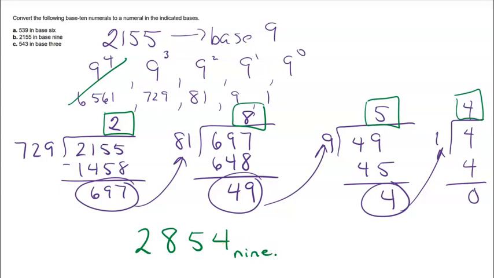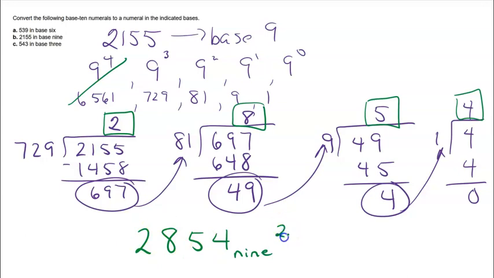Now again, I think it would help before I type that in as my answer on the test or in the homework to really, really check this thing. So you have to work backwards. Again, the 4 represents 9 to the 0, the 5 represents 9 to the first, 8 represents 9 squared, and the 2 represents 9 to the third.